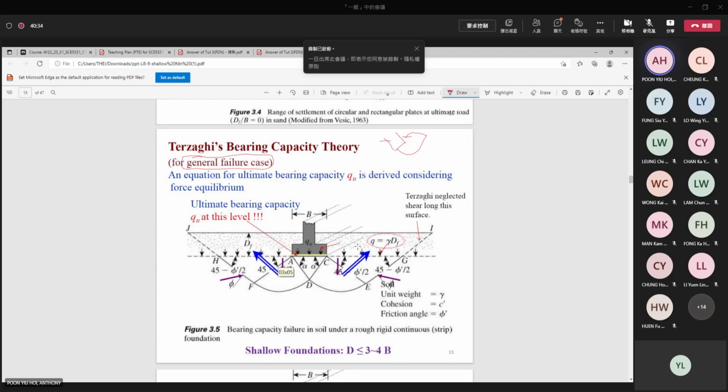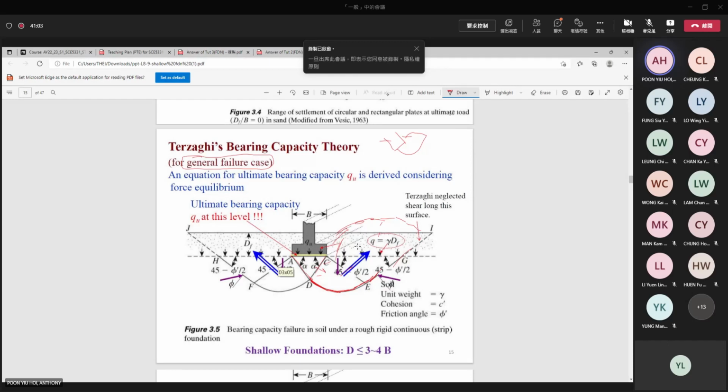So it assumes that this is the foundation, and when it fails, it pushes, and the soil fails along this plane, and then it also pushes this soil up.